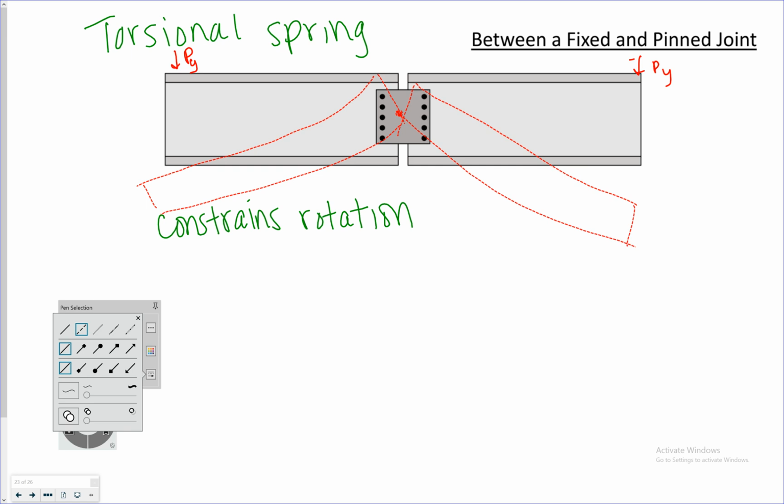But if I have a little bit more fixity, additional rotation constraint, then it would look more like that. It wouldn't be able to rotate quite as much, right?